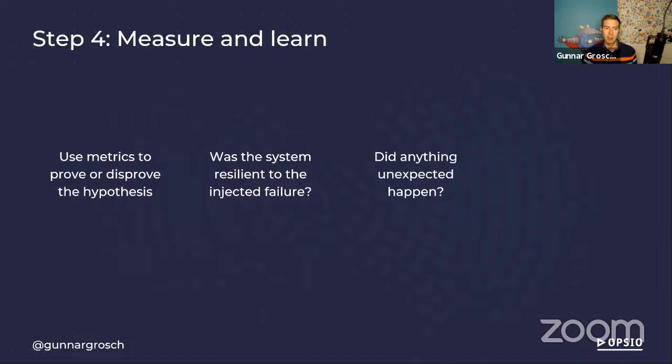A great question is, did anything unexpected happen? And unexpected things might be both positive and negative. Negative outcome might be that, for instance, we didn't move to the fallback database, or we weren't able to even remove the primary database. But unexpected things might also be that we find new sources of reliability or robustness in our system.